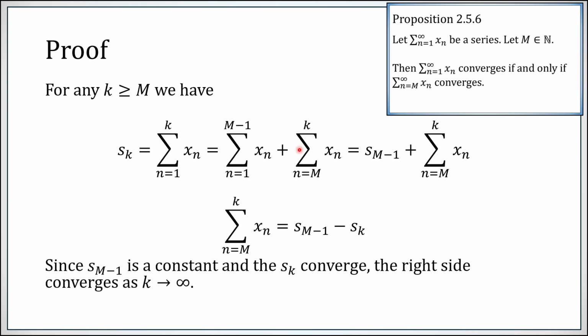Now observe that s sub M minus 1 is a constant. We began this by picking M to be a natural number. So if we take a limit as k goes to infinity, since this is a constant, this limit exists if and only if this limit exists. So one side converges as k goes to infinity if and only if the other does.